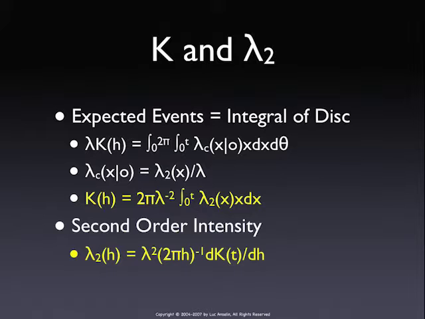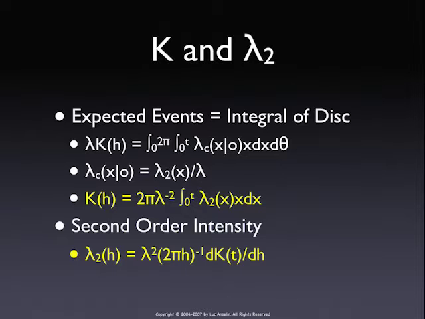Now, this is the key. This is what we just saw two slides ago. This is the conditional intensity. Given that there is a point in this location, what is the intensity of points in a neighboring area?